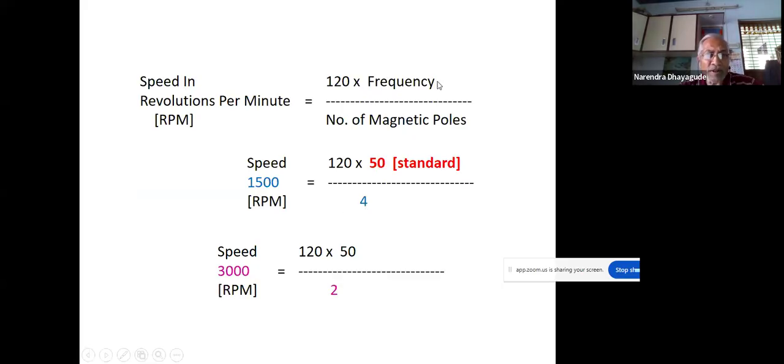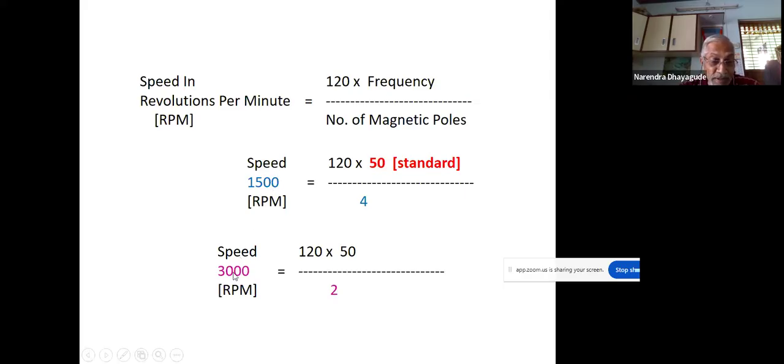This is a general formula. We know speed in revolutions per minute is 120 multiplied by supply frequency divided by the number of magnetic poles. In India, we use 50 hertz frequency. And this is the number of magnetic poles as shown in the generator. So when there are four poles and 50 hertz standards, the speed is 1500.